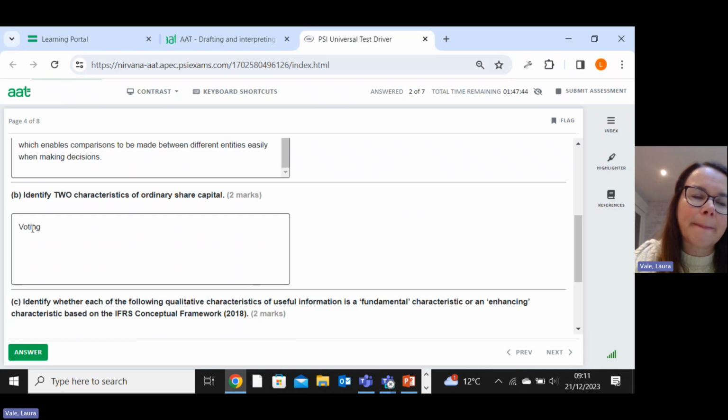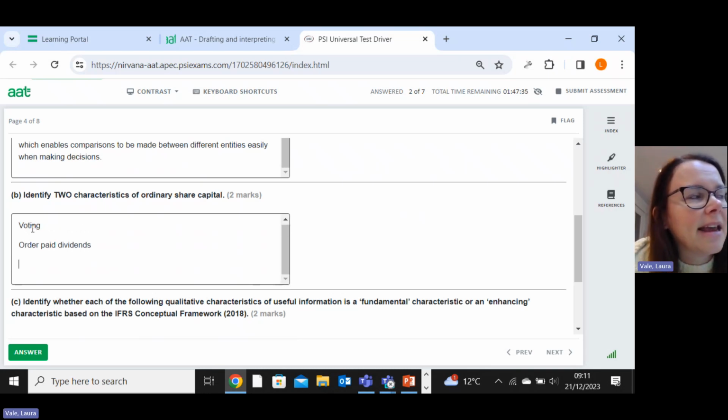One is voting, and one is the order they are paid dividends. They would be the first 2 that pop into my head. You could also have the order they're paid out in the event of liquidation, or the point that the dividends are variable and not guaranteed. But then what I would do is make these into sentences.